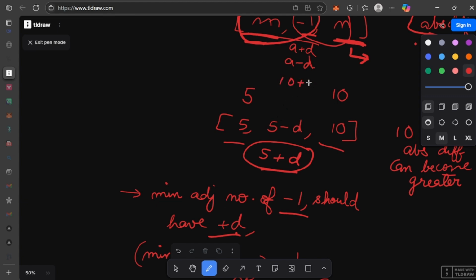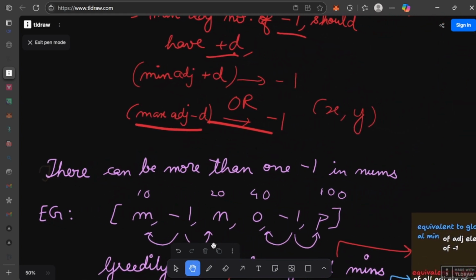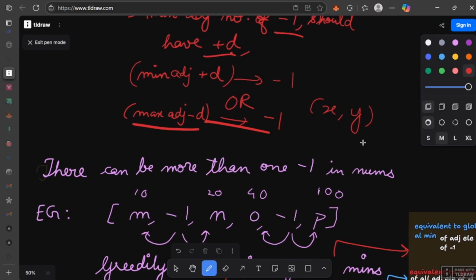So here also 10 plus d, 10 minus d. Out of this we would choose this, because obvious reasons. We have to minimize this difference then. So these can be our x or y values possible. We would check for both of them and see which one gives us the minimum out of these two.